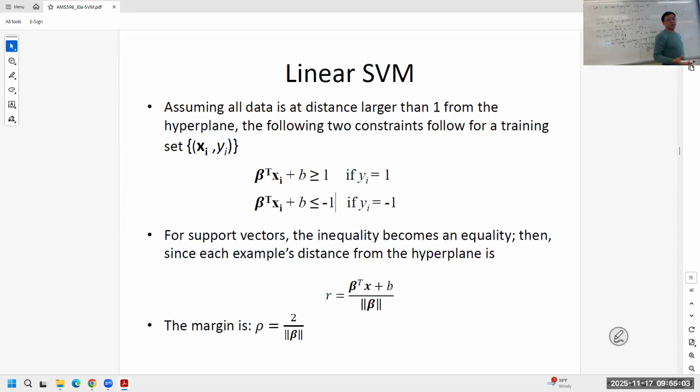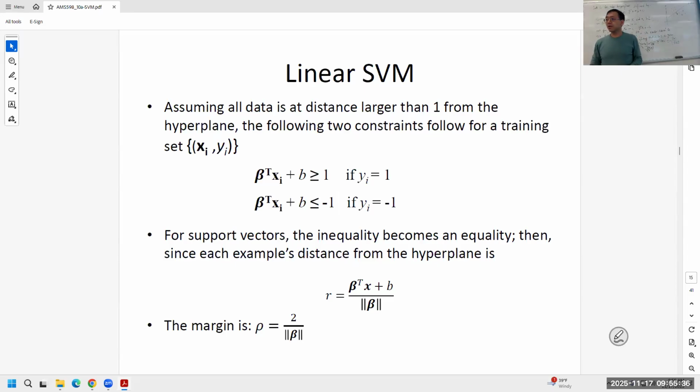Is it true that for any points from the hyperplane, the minimum distance has to be 1? It could be possible that this distance is less than 1. If I have beta transpose x plus b as my separator, and then I have another point in here, can I say that the distance between any points to this separator is going to be at least 1? Can I make that statement?